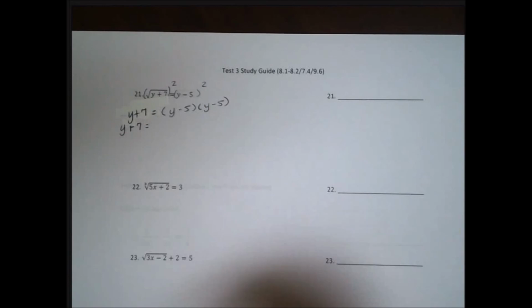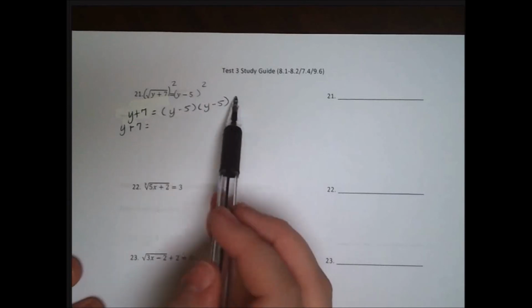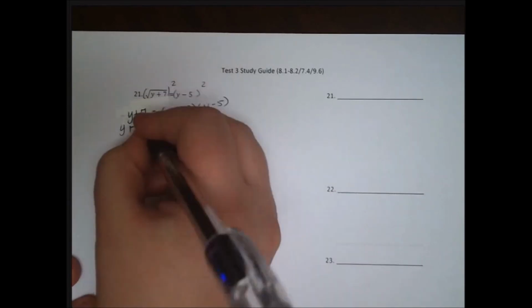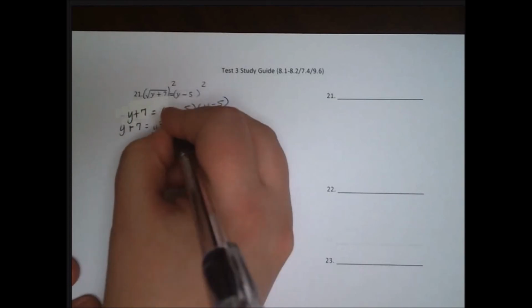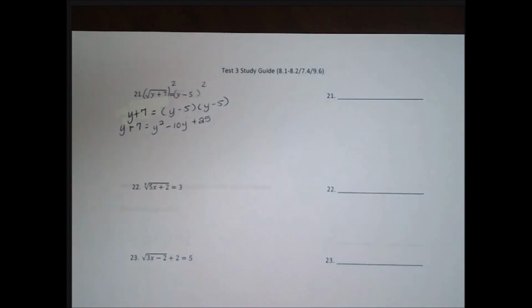So I'm going to go ahead and multiply it together in my head, and I'm also going to combine my like terms. So on a separate sheet of paper, you go ahead and do this yourself and make sure you get the same thing that I do. So you should get y squared minus 10y plus 25.